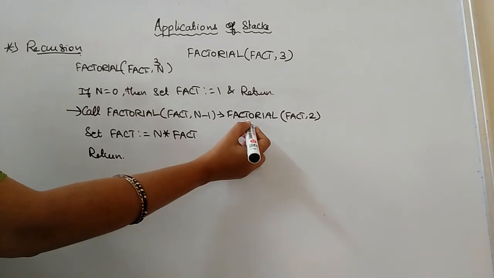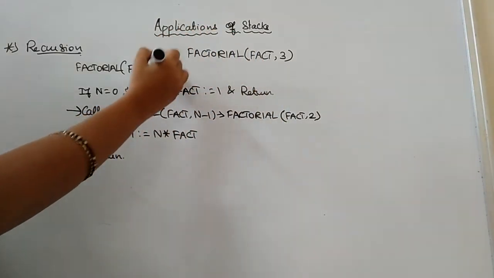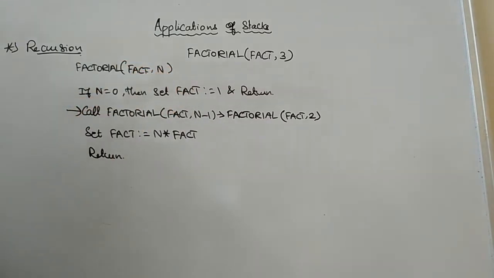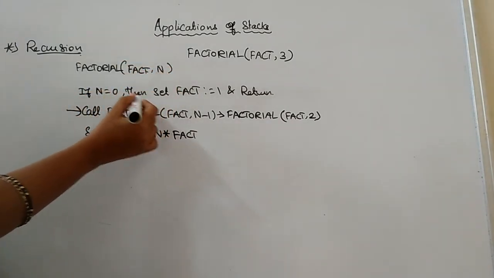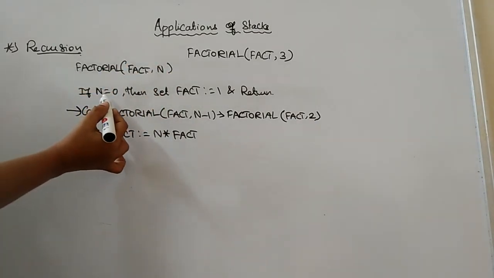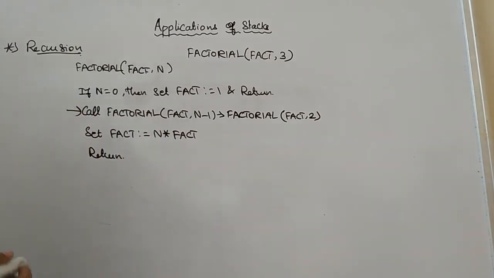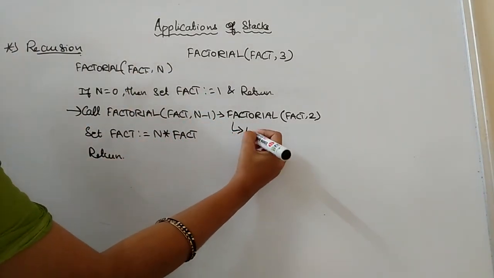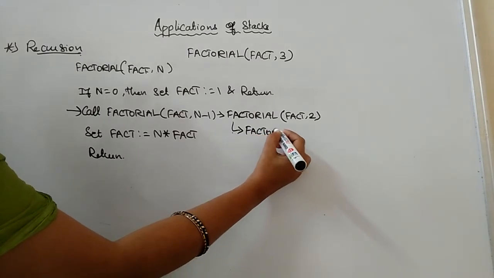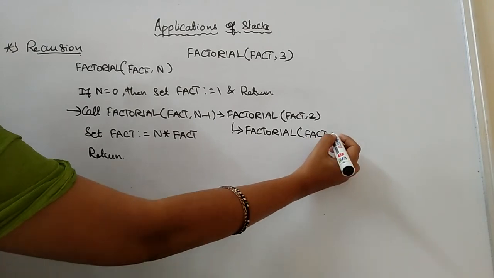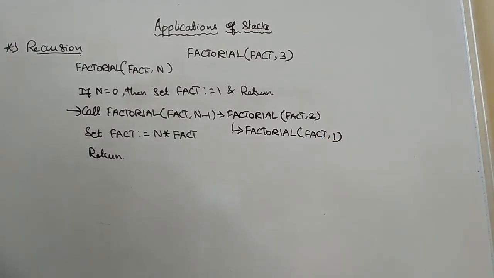Again the program control comes to this place and checks the condition. Now the value of n is 2, but 2 is not equal to 0, so the condition fails. Again it comes to this place and calls factorial of fact of n minus 1, which gives 1.